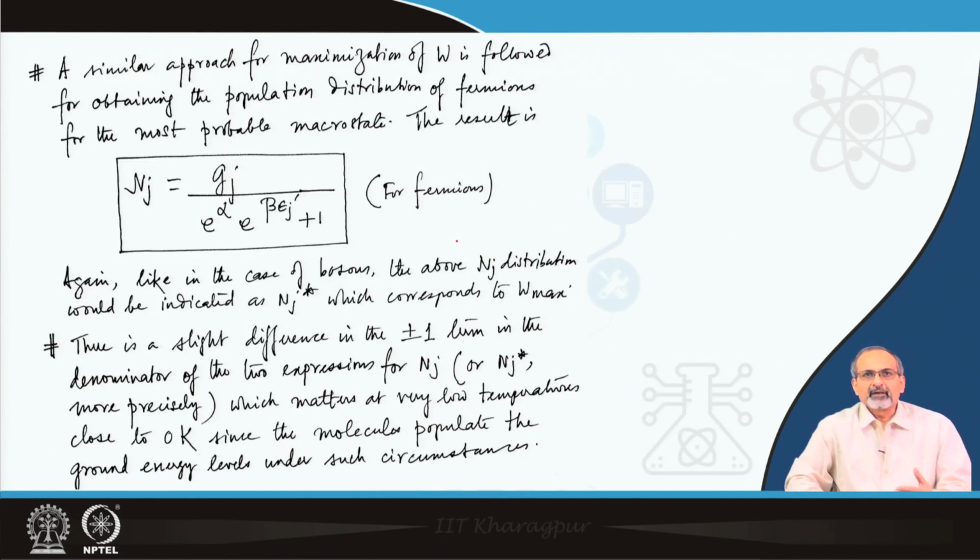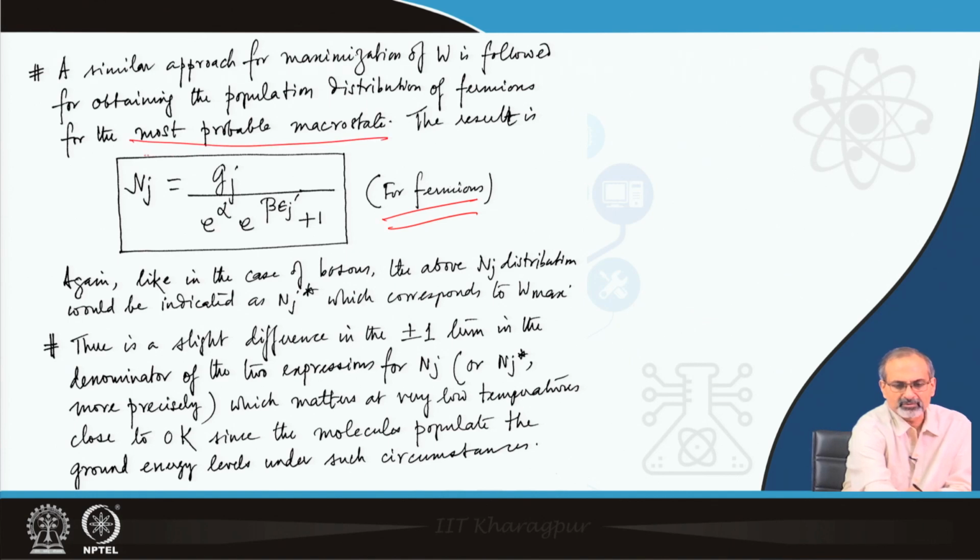We will take up the alpha and beta problem soon, but before we move on, we would like to say that, like we did for bosons, we can repeat this approach for maximization of W for fermions as well, and you have to follow very similar steps to the ones we followed for bosons, and then you should hopefully be able to get the population distribution of fermions, which gives you the most probable macrostate.